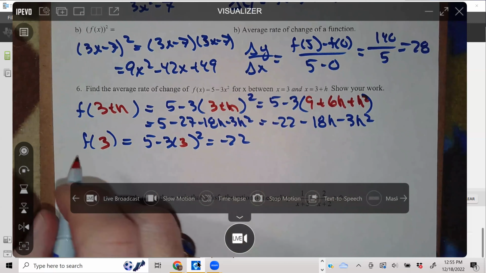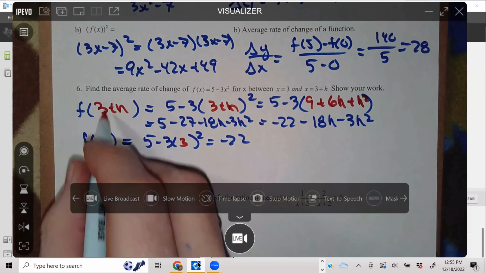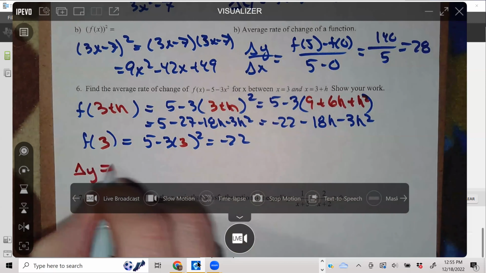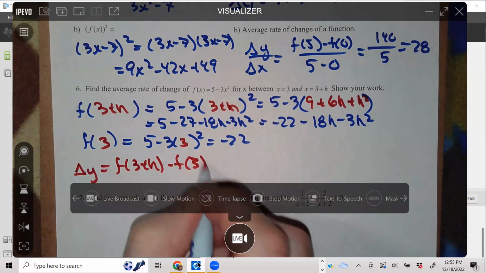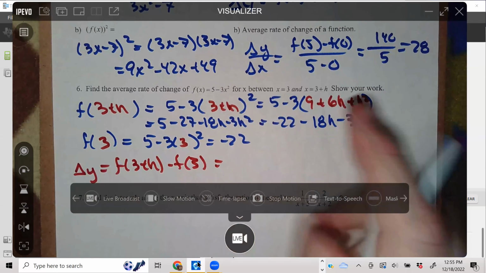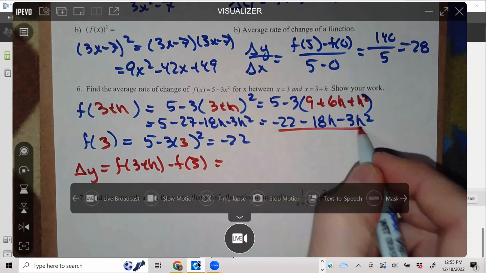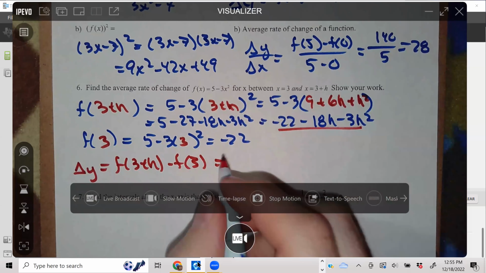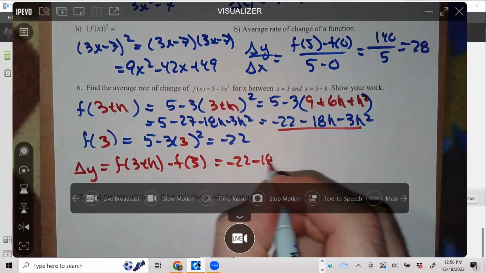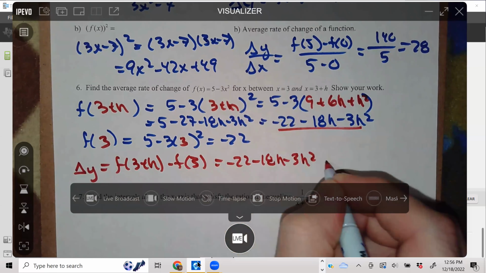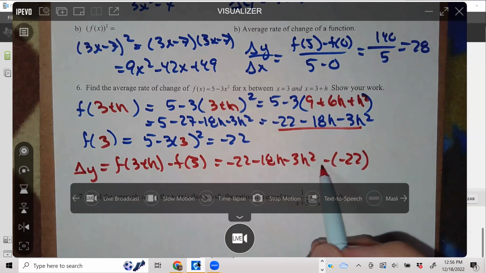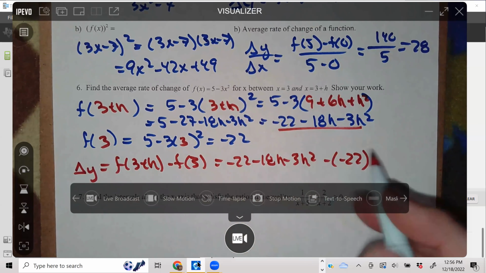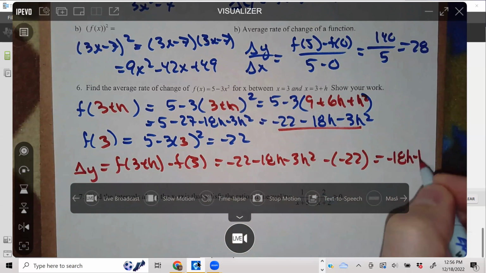So let me calculate that difference in the numerator, call it delta y again, f of 3 plus h minus f of 3. That's going to be this monster. So that's going to be negative 22 minus 18h minus 3h squared minus negative 22. The double negative makes it positive. That's going to cancel out. You're going to get negative 18h minus 3h squared.